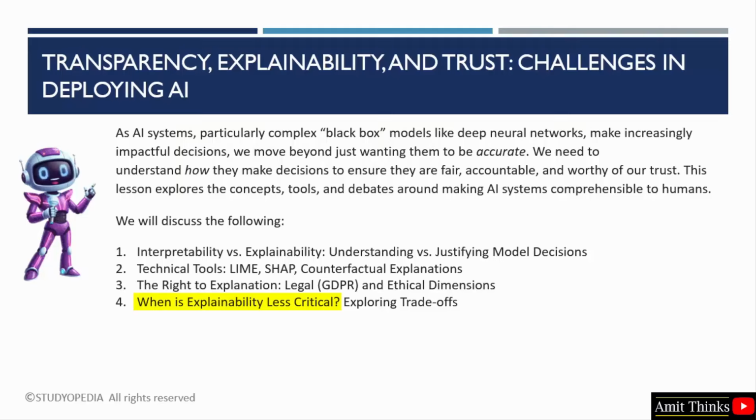The fourth one, which we'll discuss later, is when explainability is less critical. Low-risk applications, that is, in areas like movie recommendations, full transparency may not be necessary. Sometimes accuracy or speed outweighs the need for explainability. The importance of explainability depends on context, impact, and user trust. Now let us understand them one by one.